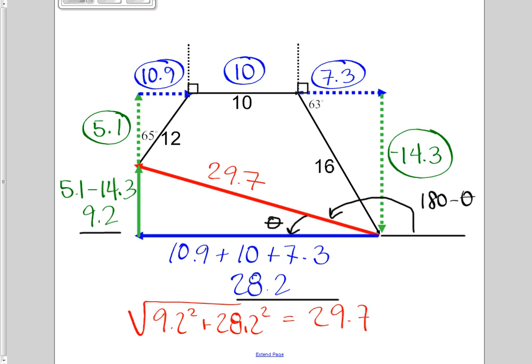So remember that to find that, I'm going to use the tangent function.